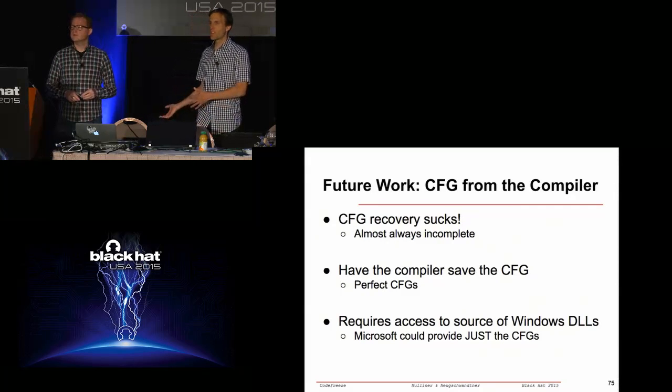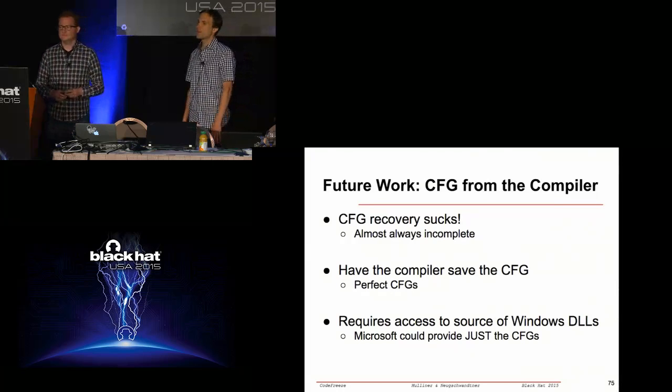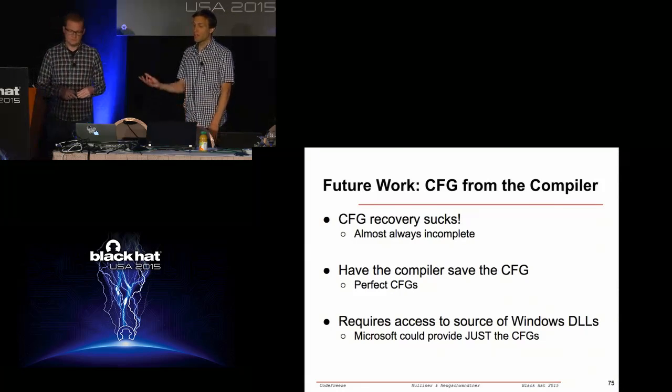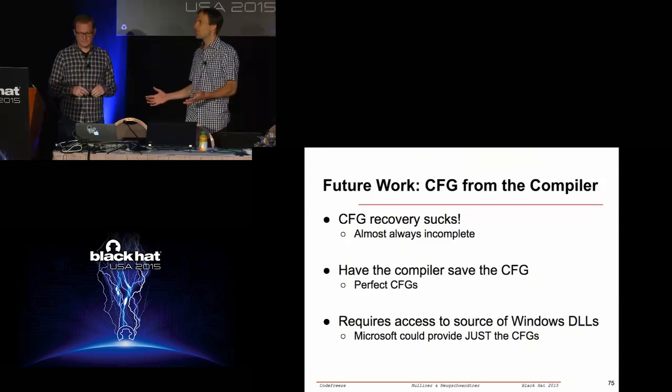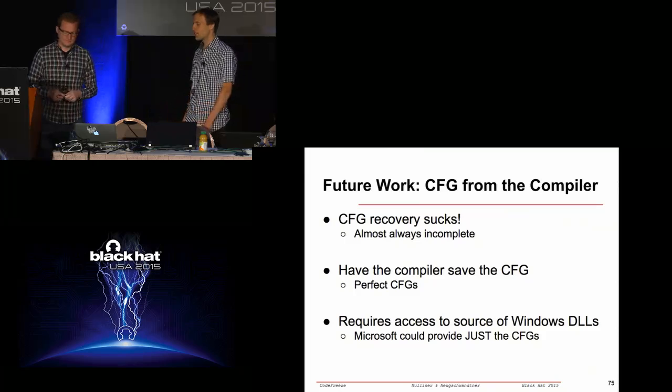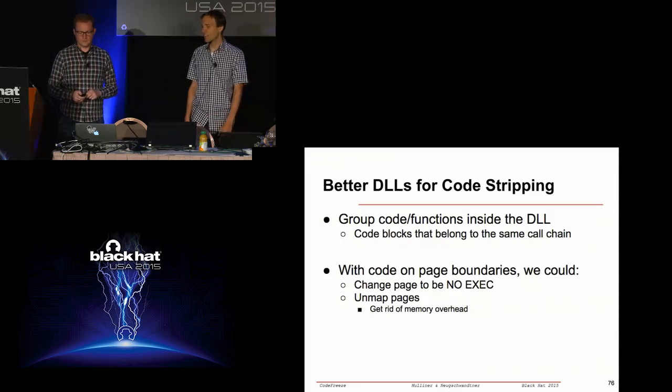Of course, this would in theory require access to the source of Windows DLLs, which is probably not going to happen. But one thing Microsoft could do is just provide us with the CFGs themselves. If we had just this information, it would already be great for code stripping. Yeah.